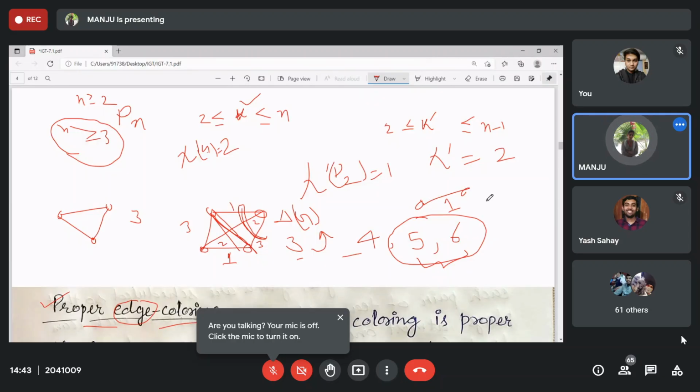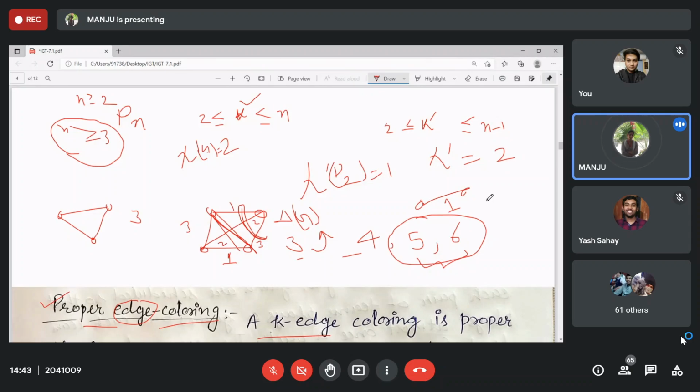One proper edge coloring I have already shown you; you can also use 4, 5, 6 colors. Because we have 6 edges, the maximum number of colors we can use is 6. It depends on the number of edges; there it was only 4 vertices.